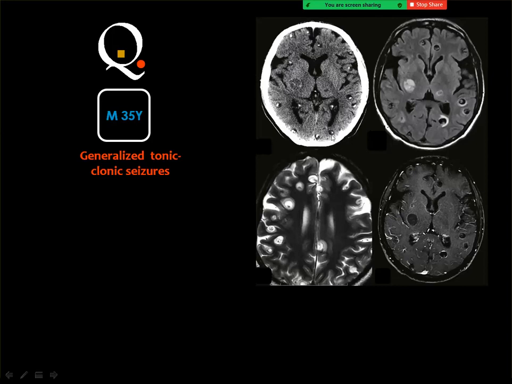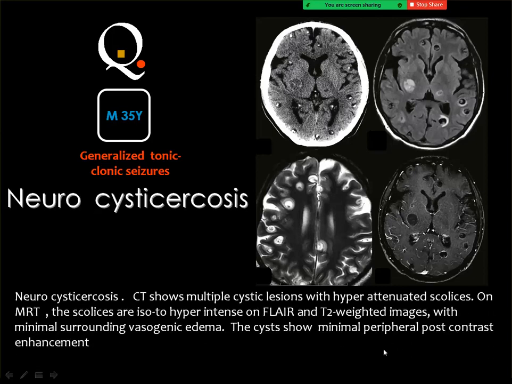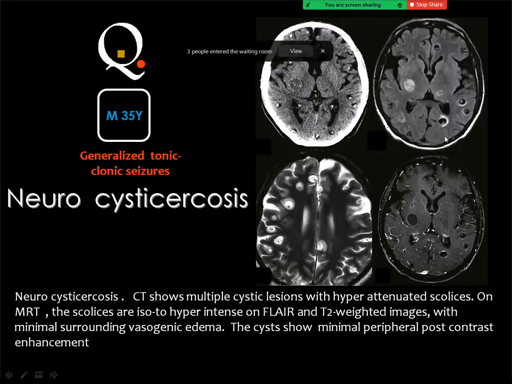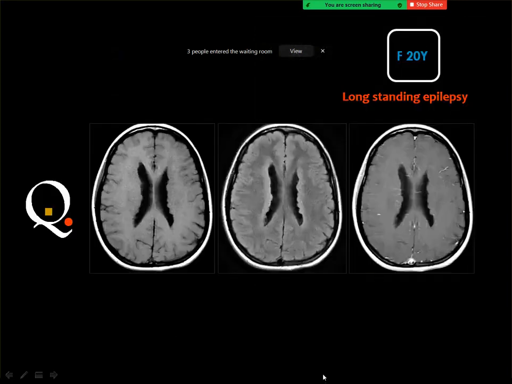You can see the cyst with a dot, which is a classic sign of cysticercosis, clearly identified on the CT scan and also on the MRI T2 weighted image, and sometimes seen in the FLAIR, but they are difficult to appreciate in this MR post-contrast image.